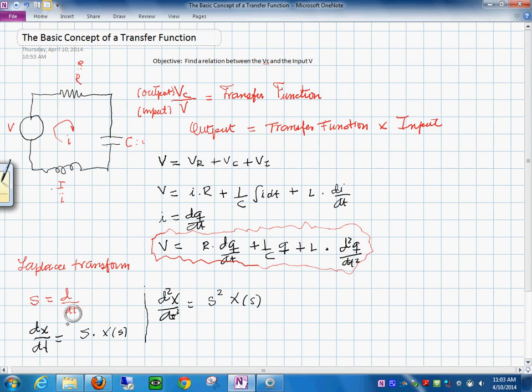So these are the two basic things we need to know to use the Laplace transform on our equation here.